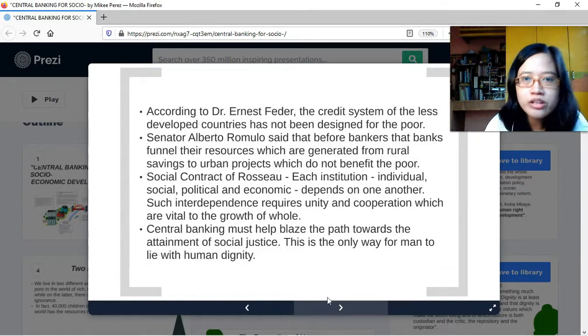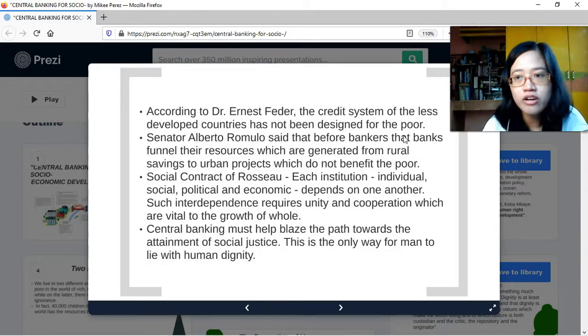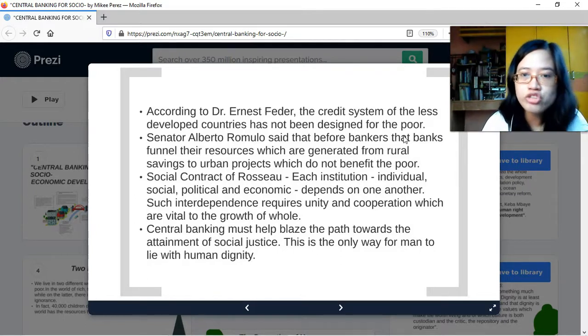Anyway, according to Dr. Fetter, the credit system of the less developed countries has not been designed for the poor. So again, first of all, they do lack the knowledge or the education for them to properly understand what loans are, the consequences of getting a loan, being unable to pay, what's going to happen next.